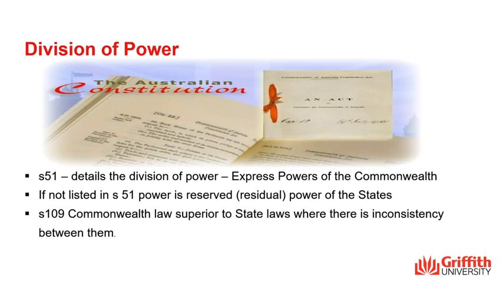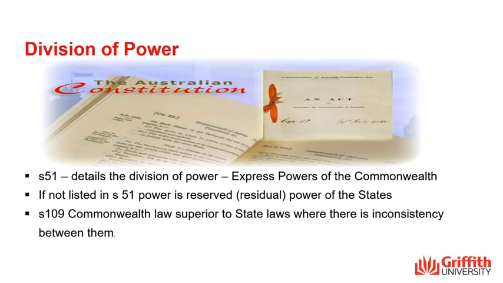And any power not expressly stated in Section 51 is considered a residual, sometimes referred to as reserved, power of the states. So basically, Section 51, and we'll talk more about this later, contains 39 express powers of the Commonwealth.